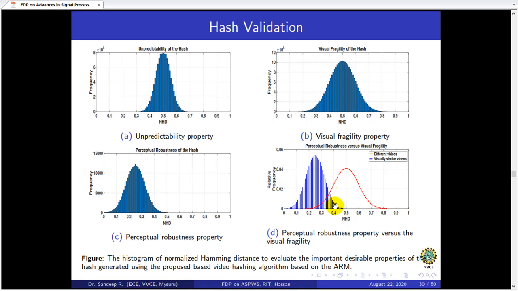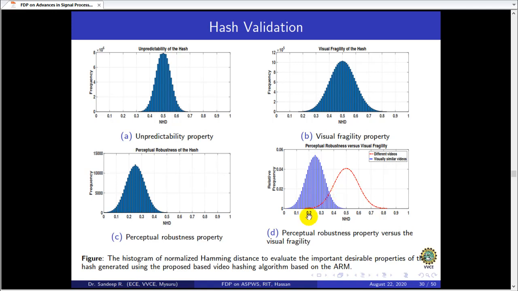If you again take 0.4 as a threshold, above 0.4 I'll classify it as visually different video, and below 0.4 I'll classify it as visually similar videos. There is an overlap and some misclassification, but it has drastically reduced. So we can say that the performance of the random projection technique using Achlioptas's random matrix is better compared to the radial projection technique that we have used.